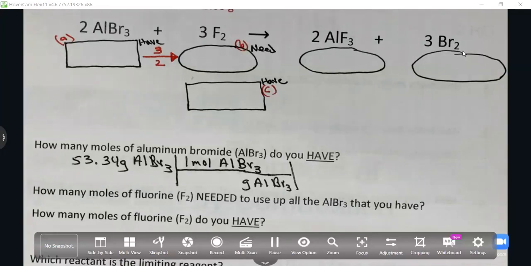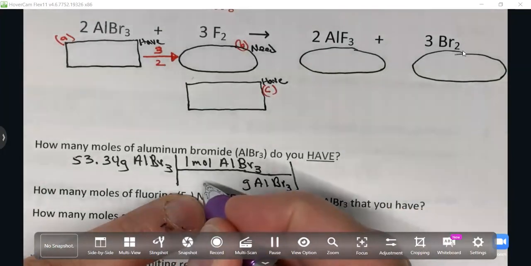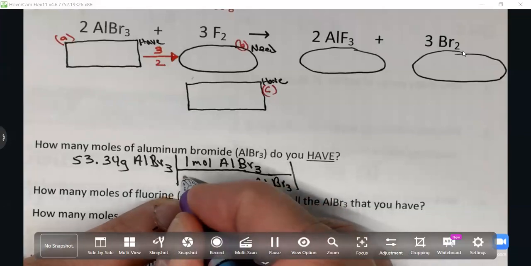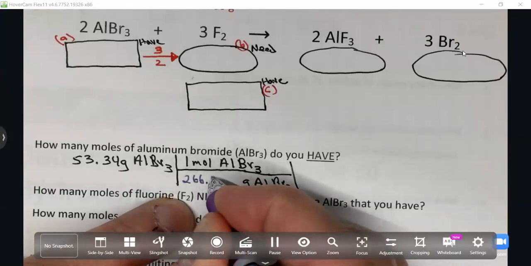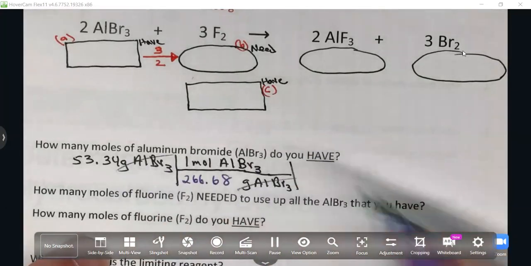Always to 2 decimal places. Who's got it? Yell it out, somebody. 266.68. Yes? All right, vertical nods. I like to see vertical nods.